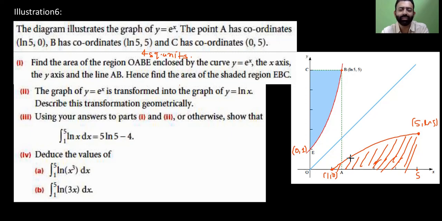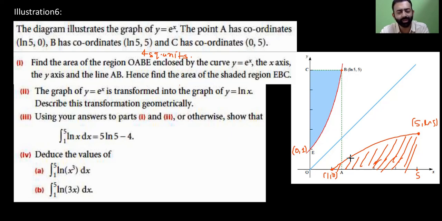So how can we evaluate this integral without knowing the integral of ln x? In further integration, two chapters from now, we learn how to evaluate the integral of ln x, which is derived using integration by parts. But here we do not know the integral of ln x, though the question says otherwise.